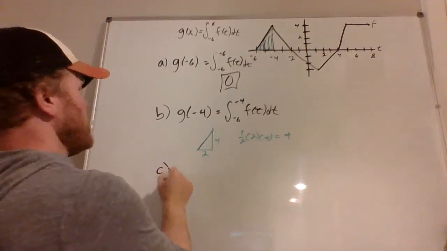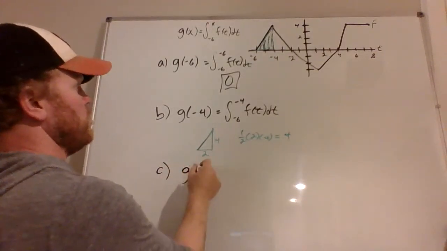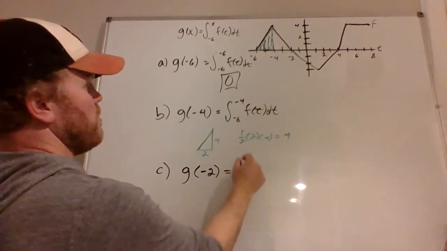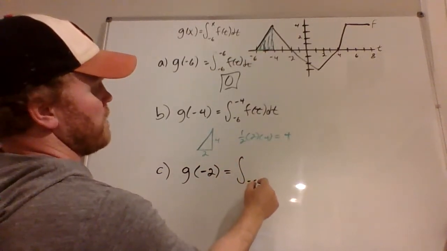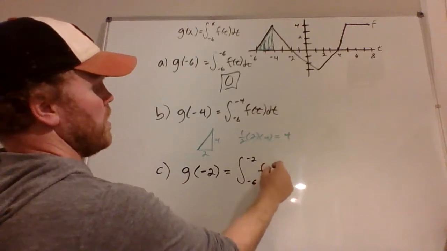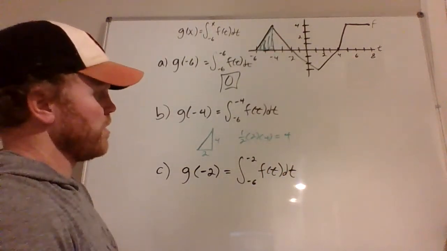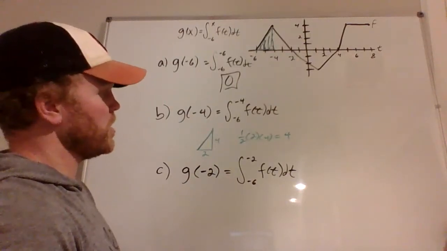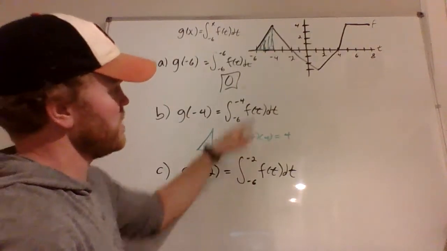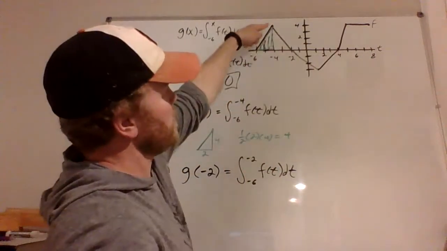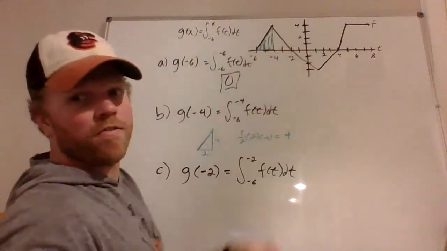And then on part C, C is asking you to do g of -2. So that would be you integrating from -6 to -2 of f of t dt. The reason it's basically called an accumulator function is you could act like the space from -6 to -2 is just start over. It's this one big triangle with a base of 4 and a height of 4.